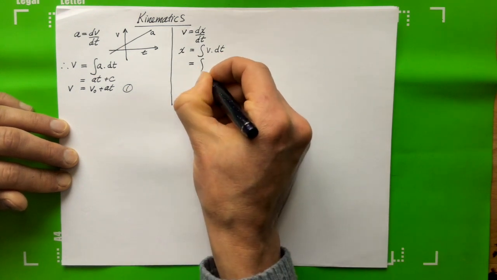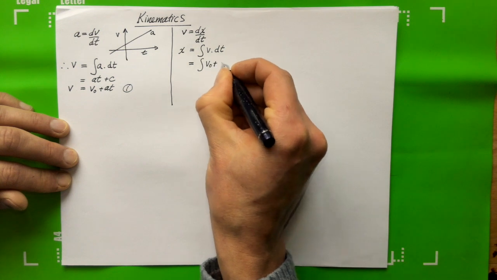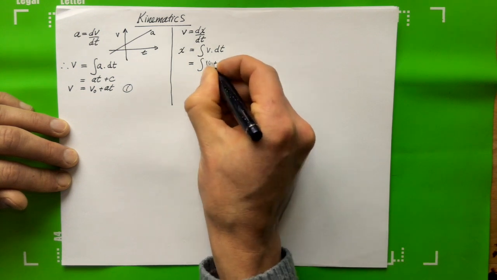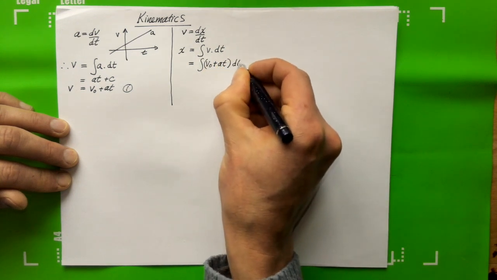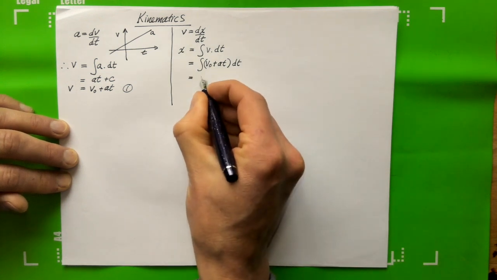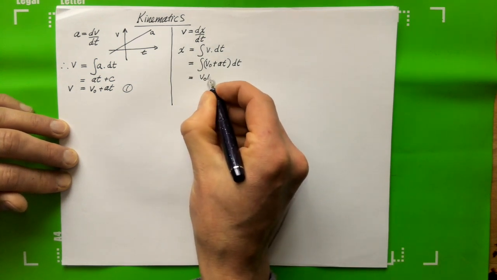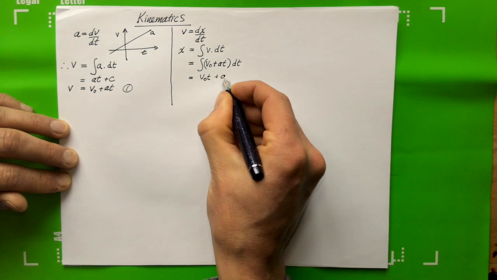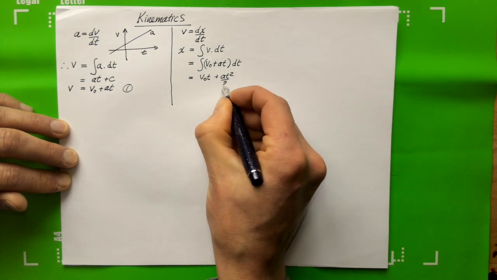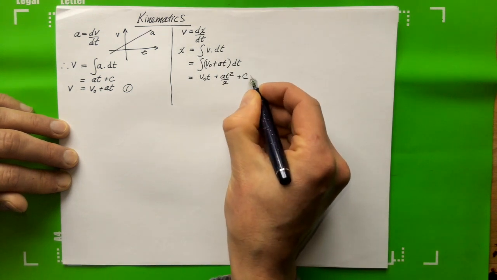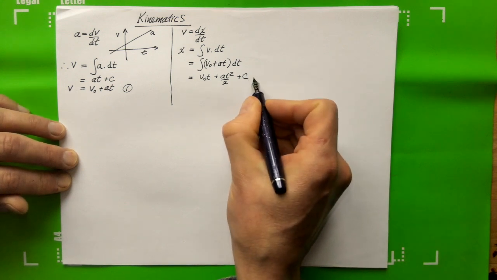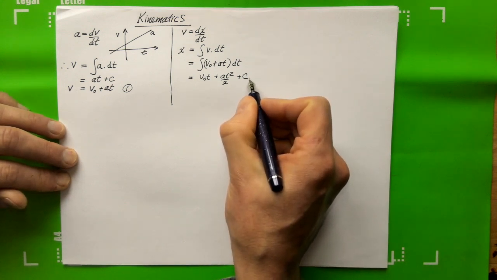So x now is the integral of v0 plus at, all with respect to time, which gives us v0t plus at squared over 2 plus a constant of integration. And thus we can ask, what is the constant of integration? Well, it must be the initial position.